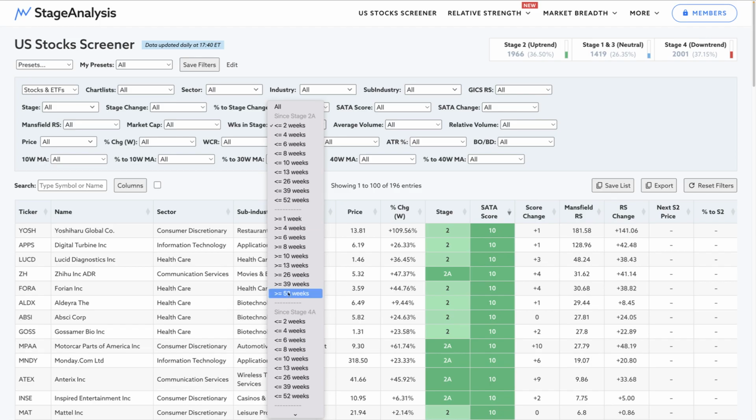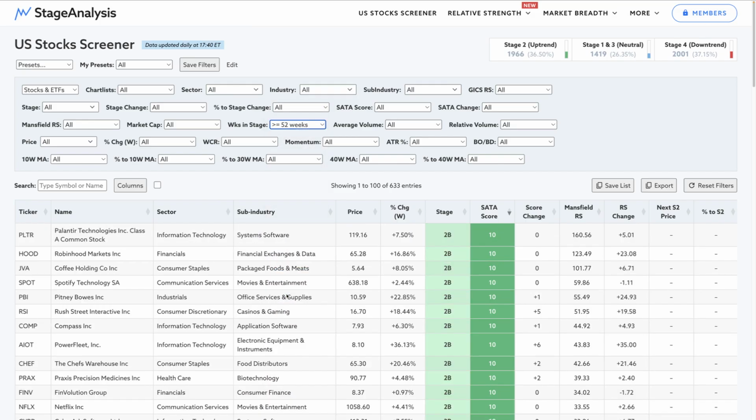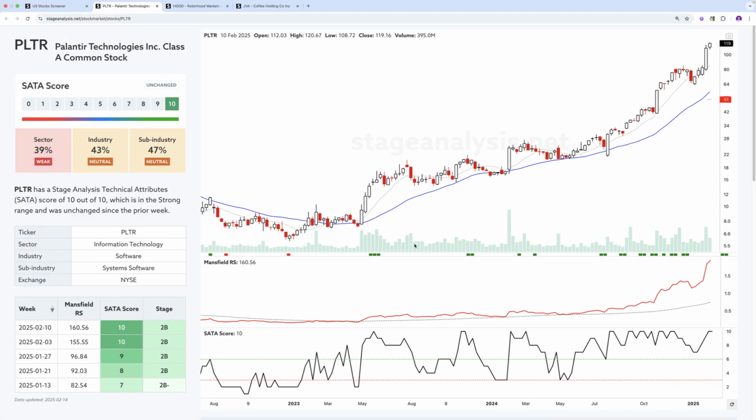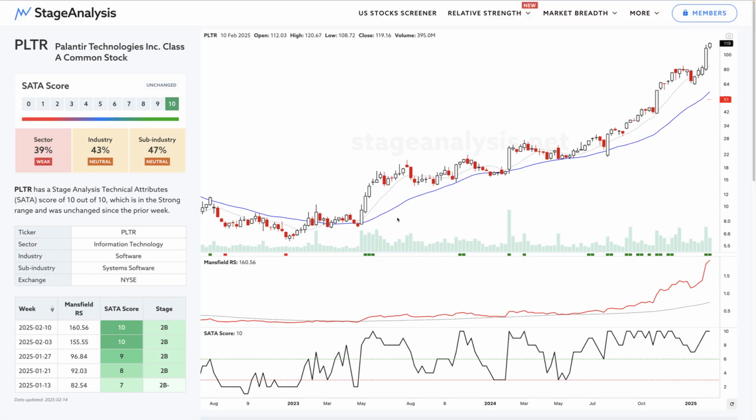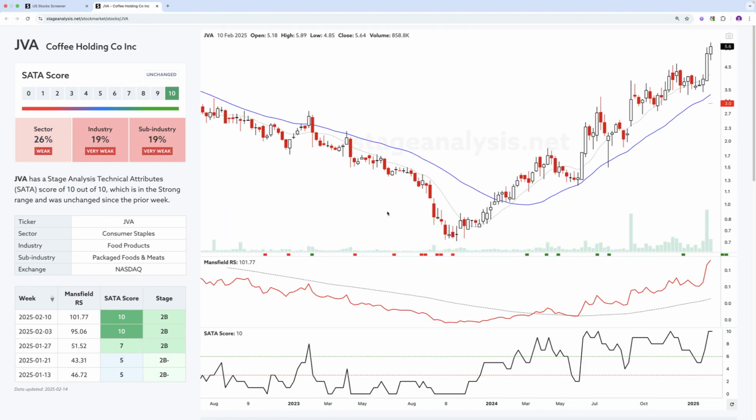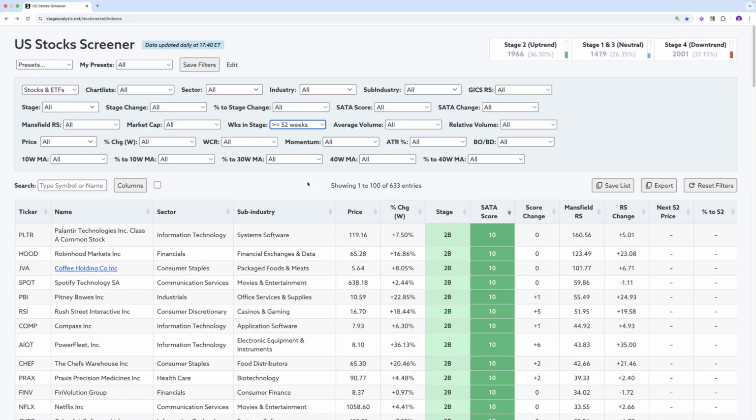And you can find stocks that have been in stage 2 for more than a year. So for example, greater than or equal to 52 weeks here. PLTR is one of the leading ones in that. If you look at that, obviously it's been in stage 2 for over 2 years now, I think it is at the moment, which we can actually now see in the table as well.